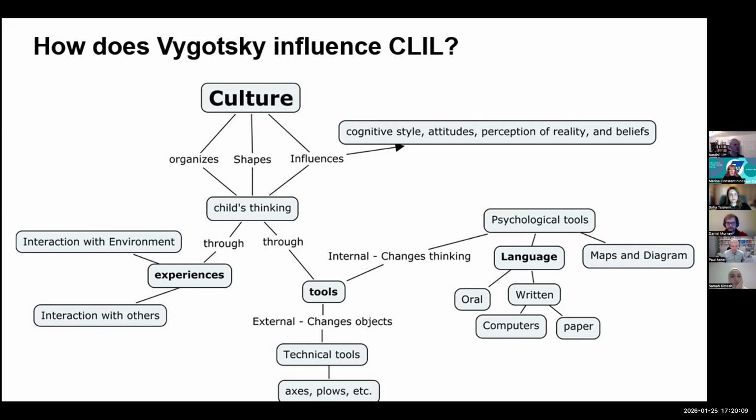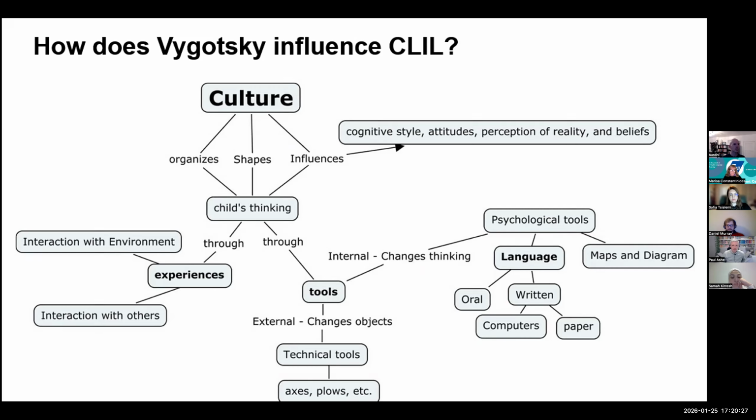How the experience and the tools shape language and thinking, right? So it's a full sociocultural theory, or approach, of cognitive development, isn't it?